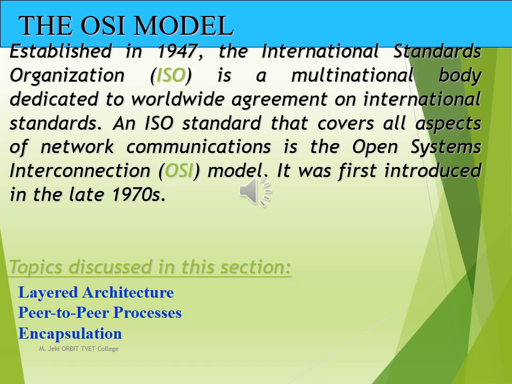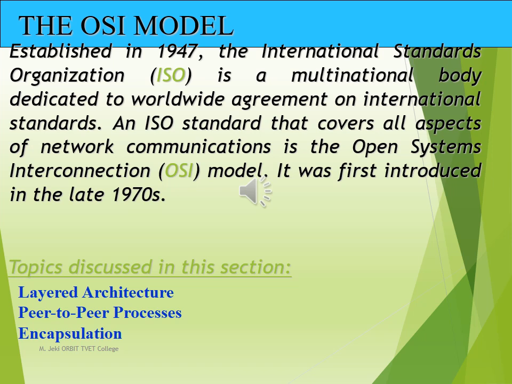Internationally, they had to agree how information must move from one device to the other until it gets to the receiver, just like what we saw with the post office. So in other words, an ISO standard, International Standards Organization standard, covers all aspects of network communication in an open system.